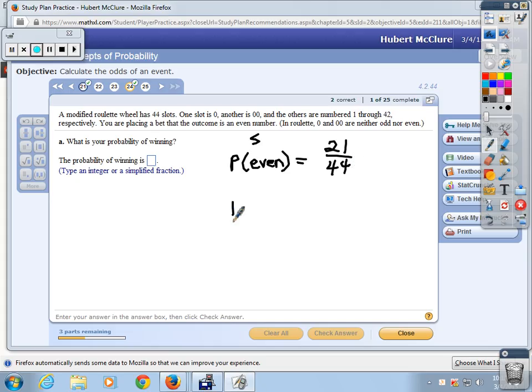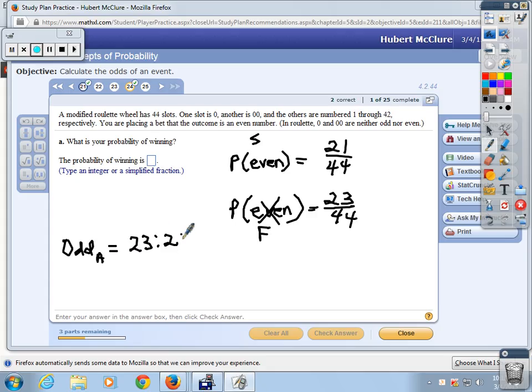And then the probability of not even, which is our failure, is what? 23 over 44. So the odds against is equal to 23 over 44 divided by 21 over 44, which is 23 to 21.